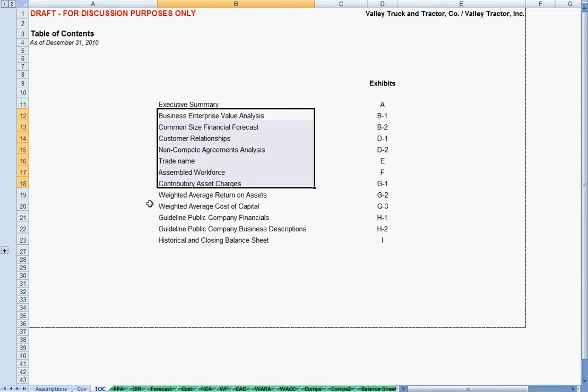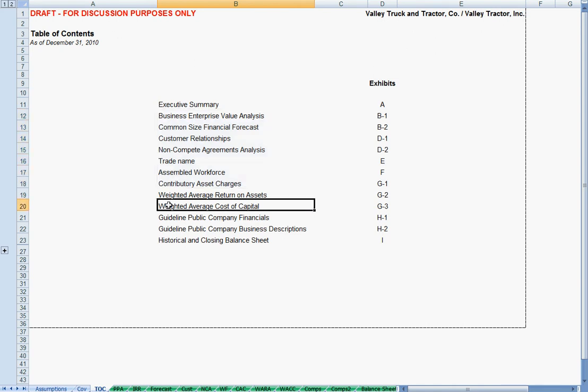So weighted average cost of capital and guideline public company information, that data is being pulled from the market sources and assembled on those three tabs. And then historical and closing balance sheet, that's the financial information for the company that was acquired.